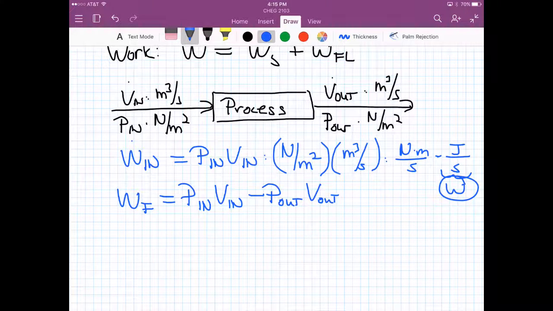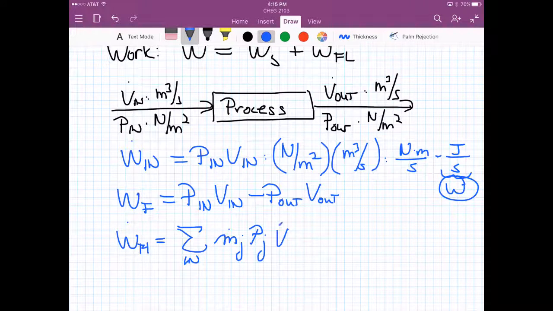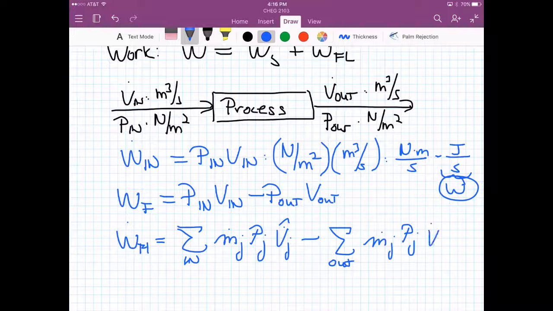So I can say that work flow is equal to the sum over all the inlet streams of m dot j times Pj times the specific volume of stream j, minus the sum over the outlet streams of the mass flow rate times the pressure out times the specific volume of stream j.